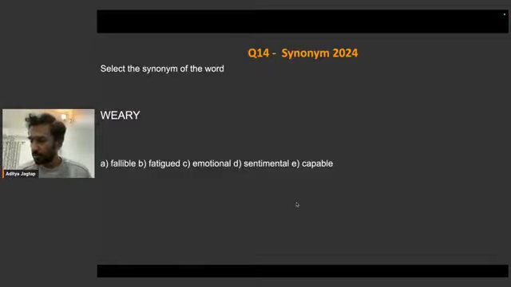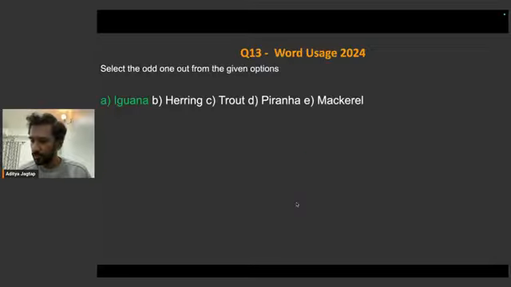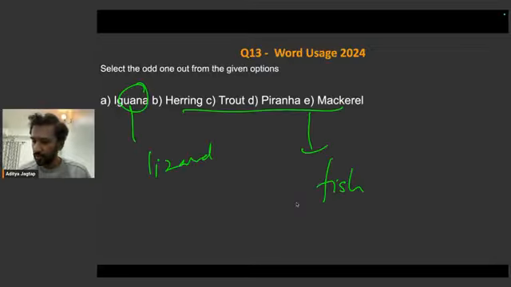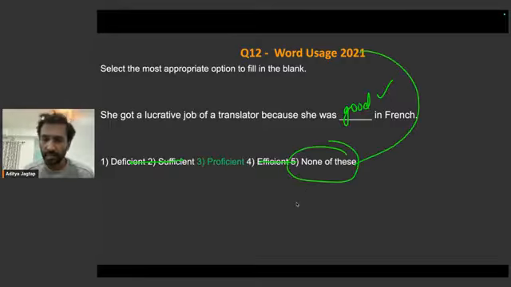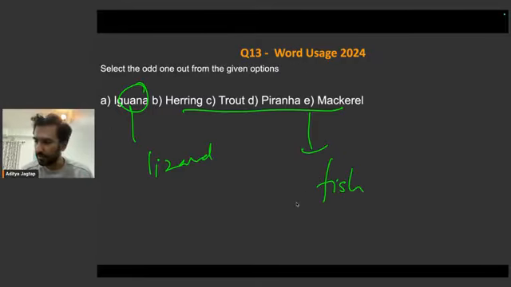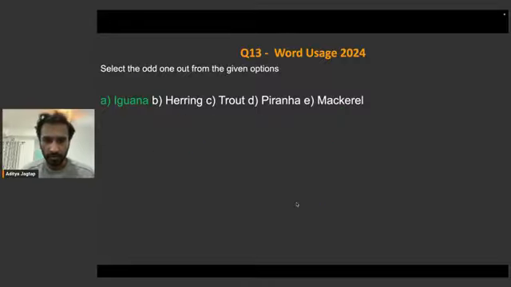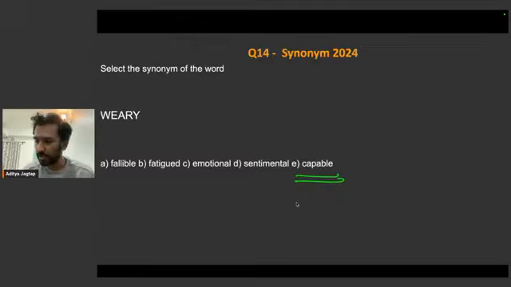If you notice, there is one change. Don't expect this change to be permanent. We have gone from none of these being asked in 2021 as a standard option 5 to a new option 5. Here obviously some other option is presented. Here also you have new options. So weary would be to be tired.